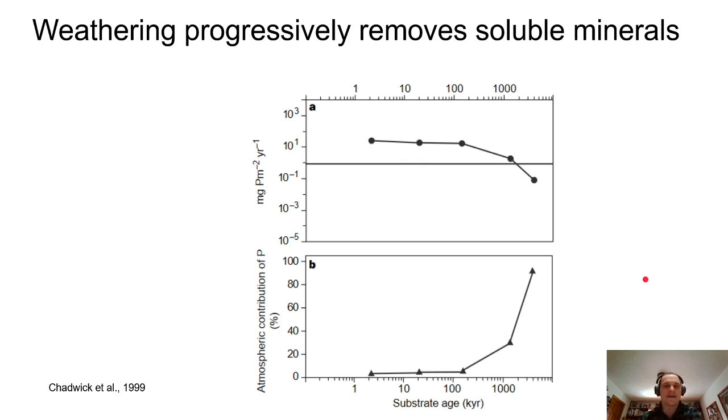And this is just a quick note on the fertility of these soils. As you've leached out all your phosphorus, as your phosphorus weathering rate has gone from relatively high to relatively low because there's none left, now the plants still need phosphorus. At the beginning, almost all of that came from the bedrock. But as you age out the weathering profile, you have more and more phosphorus contribution from the atmosphere.